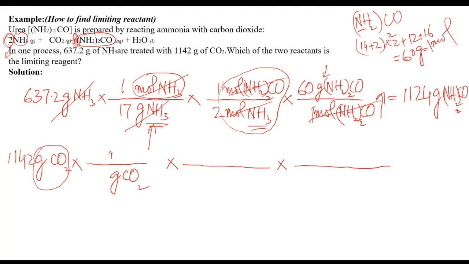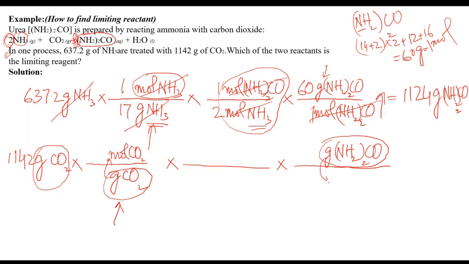And here, write mole of carbon dioxide. So what you have to calculate? Urea. So you will write grams of urea here. Now, here given grams of carbon dioxide, and here grams of urea to be calculated. Now here mole of carbon dioxide, just opposite, gram to mole, and here mole to gram.